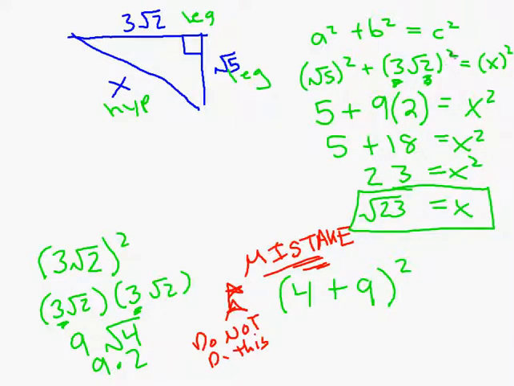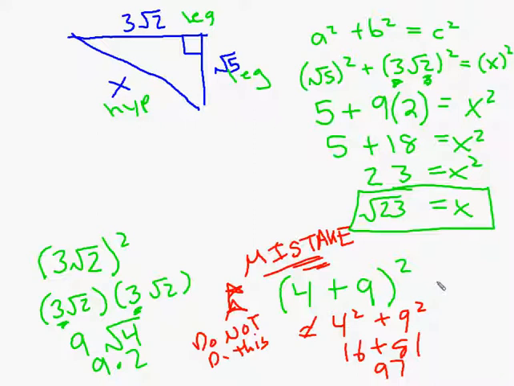What we did up here is correct. This square applies to the 3 and the 2. This does not equal 4 squared plus 9 squared. I cannot distribute an exponent. It's non-distributive. That would be 16 plus 81, which is 97.